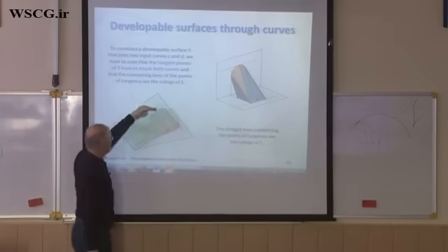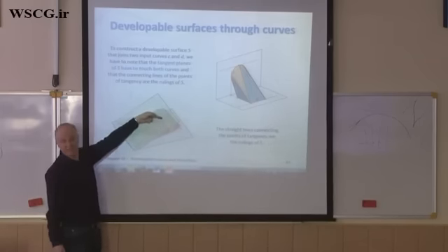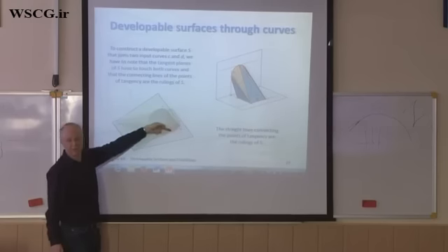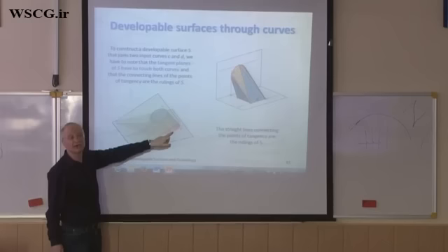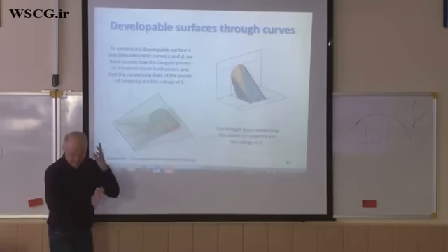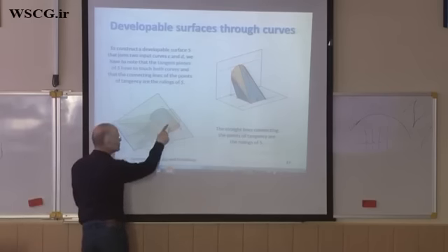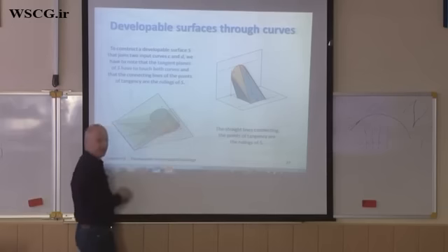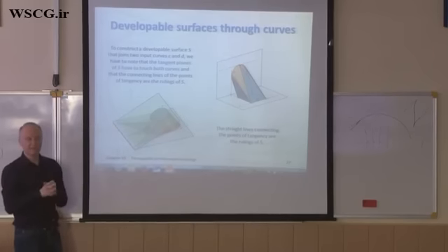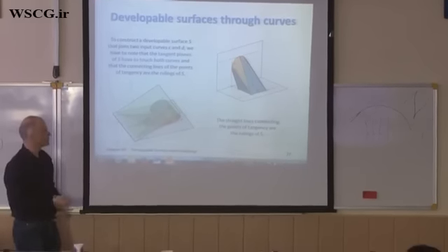You have to do the following. If you take a point here, and you are interested in the ruling through this point, or in the corresponding point on the other curve, you have to consider that we want a constant tangent plane along this ruling, right? This is what the developability is characterized by.